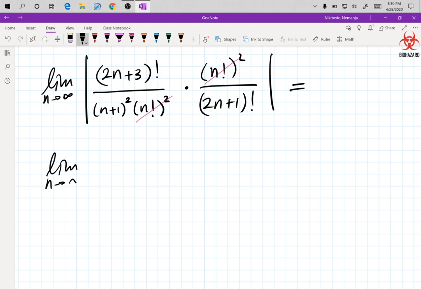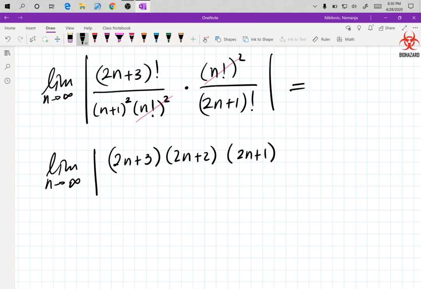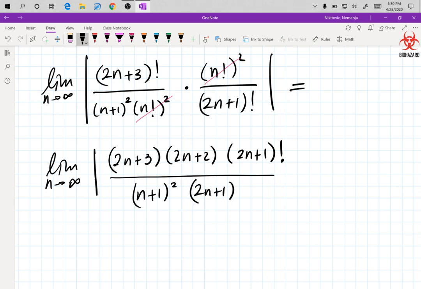Limit as n goes to infinity. These absolute values can be dropped now, but yeah, what the hell. All right, so see, this is (2n plus 3). So (2n plus 3) gets kicked out, (2n plus 2) gets kicked out, and then (2n plus 1), I'm going to leave that as a factorial because that will be canceling with my (2n plus 1) factorial that is already on the bottom.